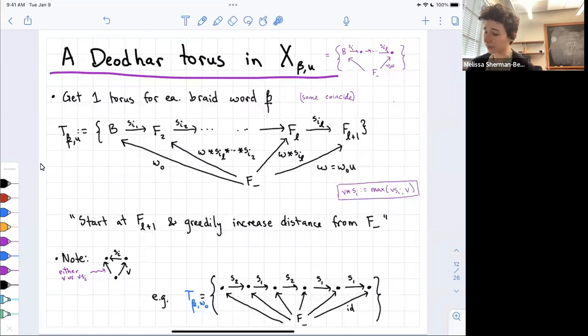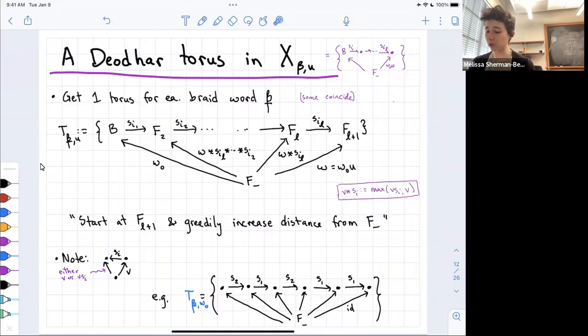Okay, so remember, points in my braid variety are walks in the flag variety, right? They're walks that look like this. So there are points where I've specified what steps I've taken in my walk, and I also specify the opposite Schubert cell that my final flag is in.